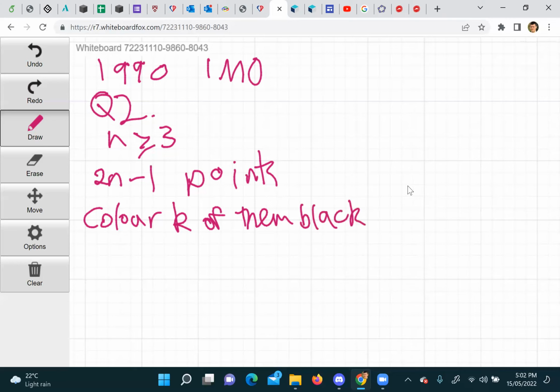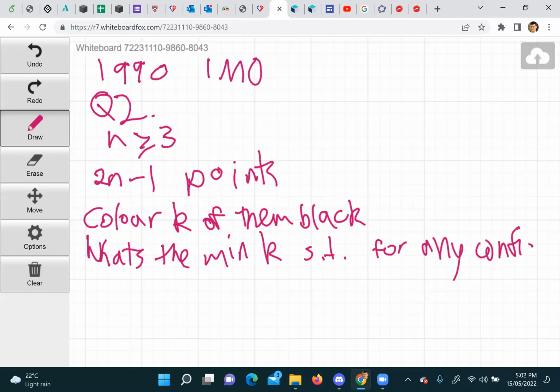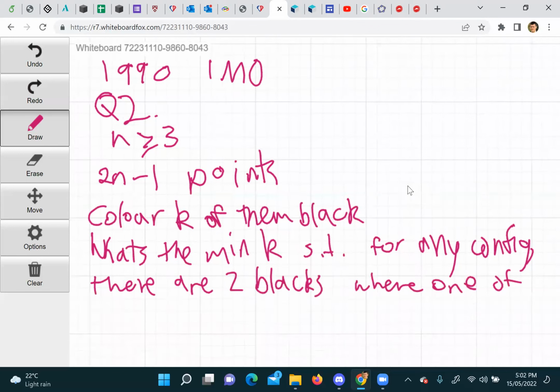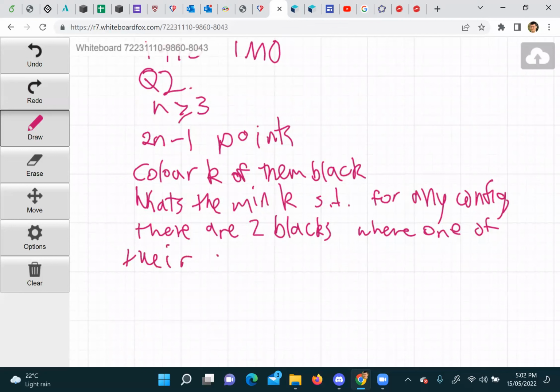And then it's asked, what's the minimum K such that for any configuration, there are two black points such that one of the arcs excluding them contains exactly n points.